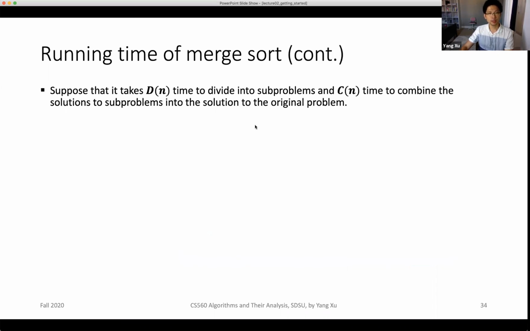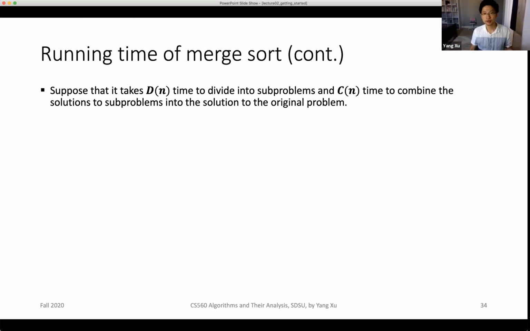So in the case of merge sort, and in the case of any kind of divide and conquer algorithm, we always need to take into consideration the amount of time to divide and the amount of time to combine. These are not always free operations.